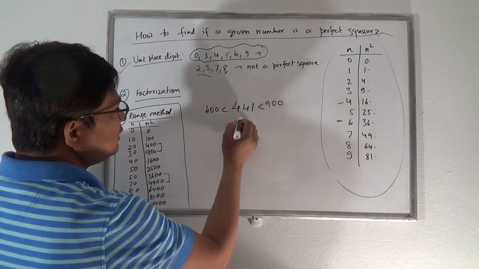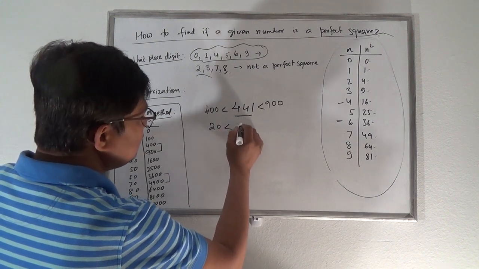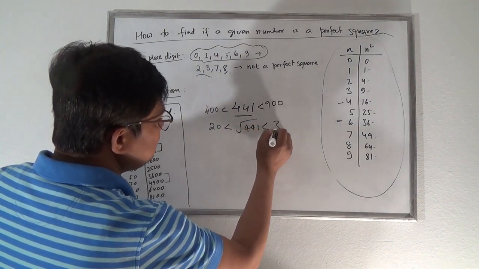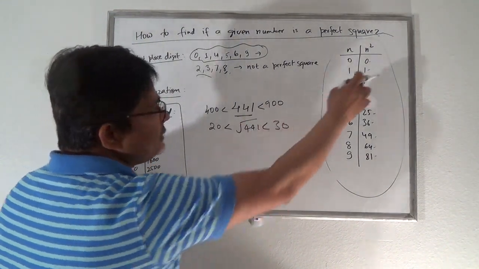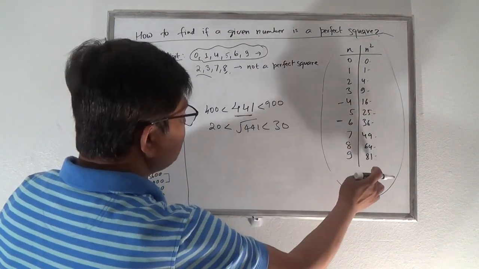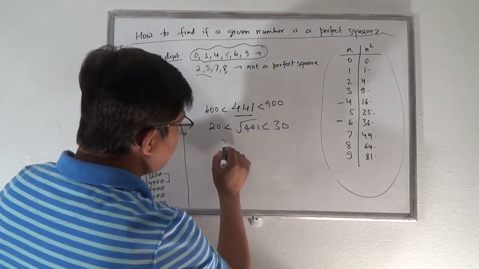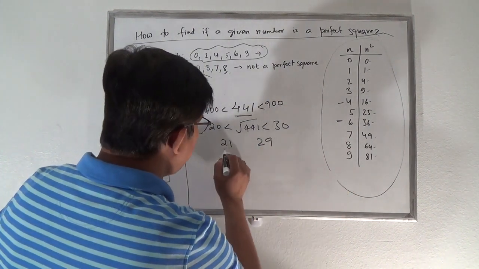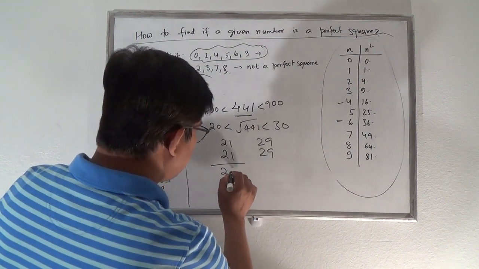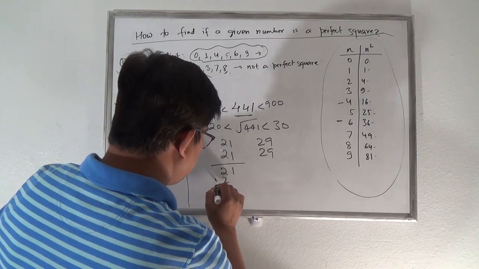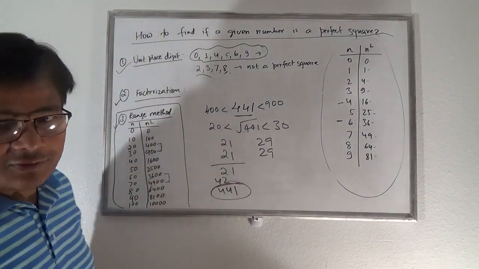It means the square root should be between 20 and 30. Correct? Now look at this table where we have 1 at the unit place: 9 and 1. So I have to just check 21 and 29. Let's multiply 21 by 21 and 29 by 29. So 21 times 21 is 441. We got it. So this is a perfect square.